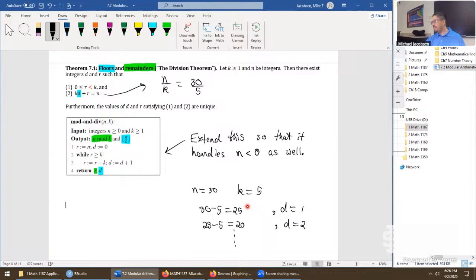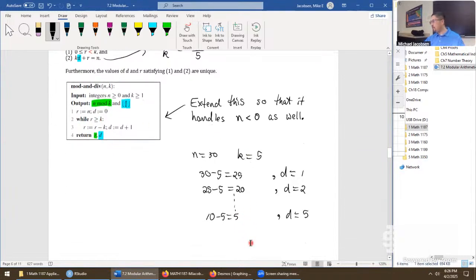And this keeps on going until you're at 10 minus 5 equals 5. D is going to be equal to 5. And you do it just one more time because R is now equal to k, 5. We run through it once more and we get 5 minus 5 equals 0. D is set to 6.